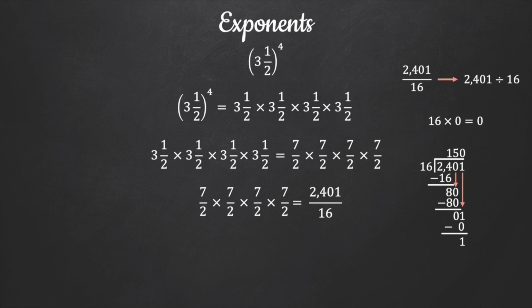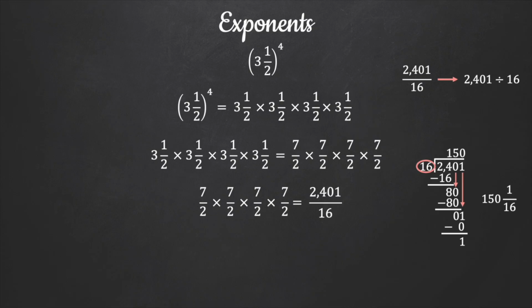Now, 16 goes into 2,401 150 times. So that would be our whole number for our mixed number. And then we have a remainder of 1. So that would be our numerator, because we have 1 part left over. And then we're dividing by 16, and it takes 16 parts out of 16 to make a whole.